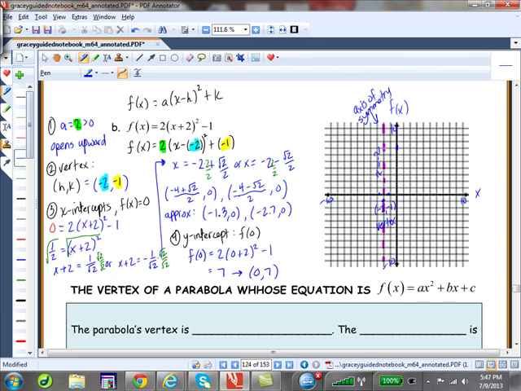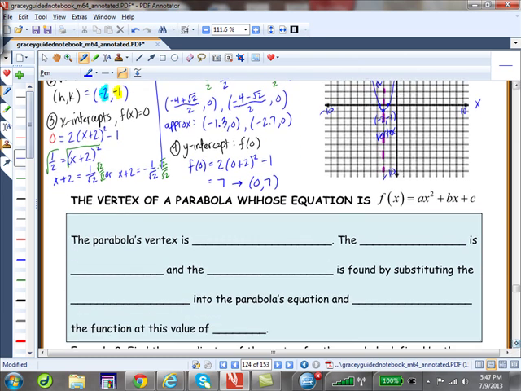So this is 2 units to the right of the axis of symmetry. So if I count 2 more units, I'll get another ordered pair by symmetry. And that'll be enough to graph it. And we're all set. Okay.